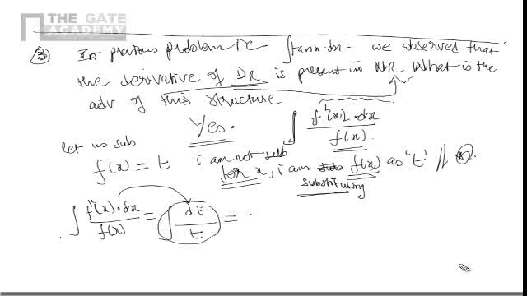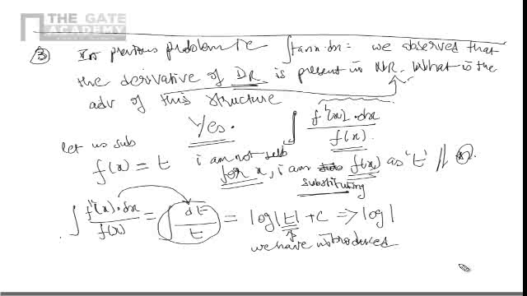This is always log of mod t plus c, and what is my t? Because t is a variable which we have introduced, it is our duty to remove it.